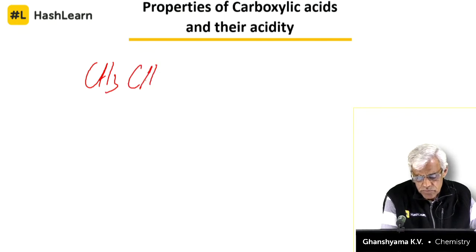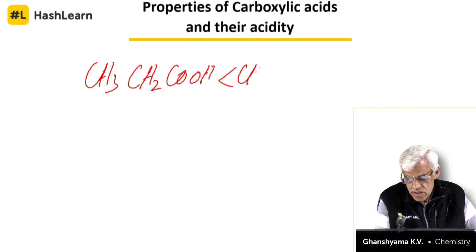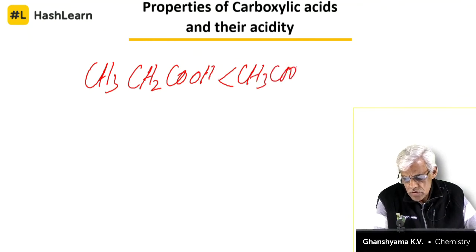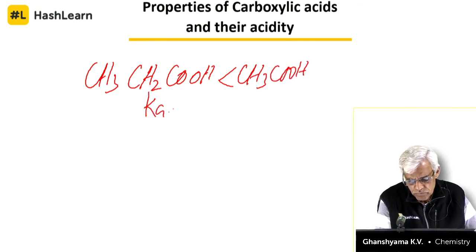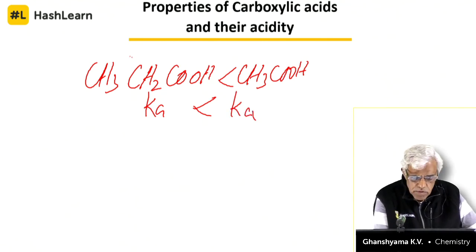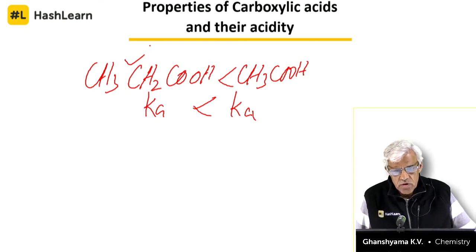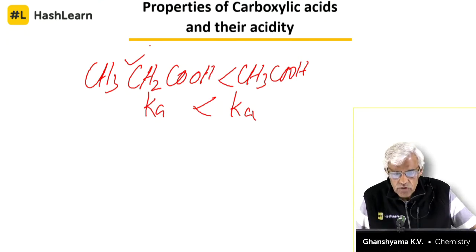Ka of CH3CH2COOH is less than Ka of CH3COOH, which means propanoic acid is weaker than acetic acid.